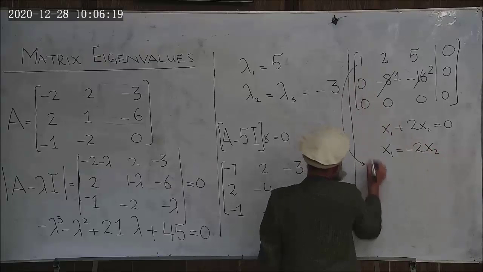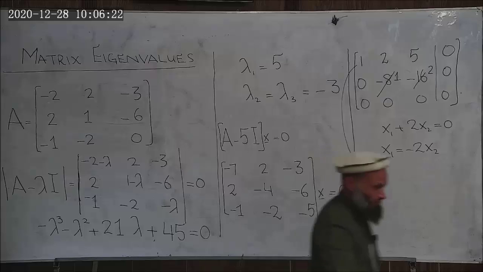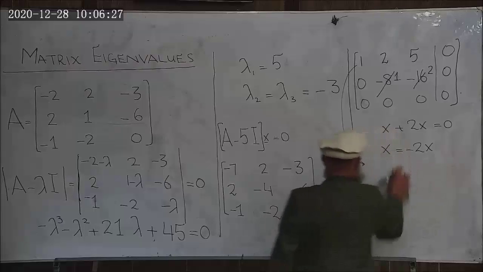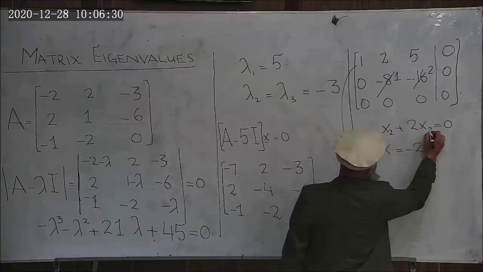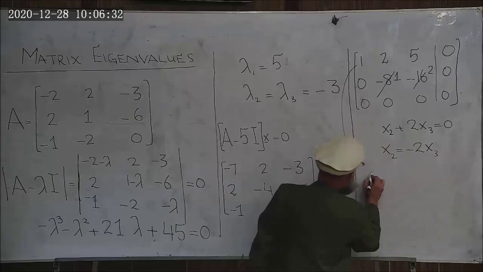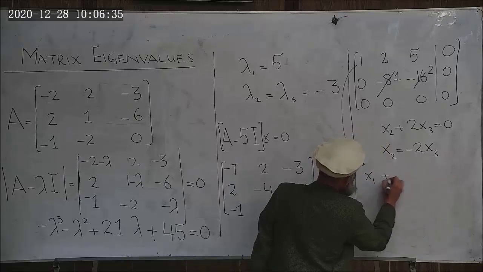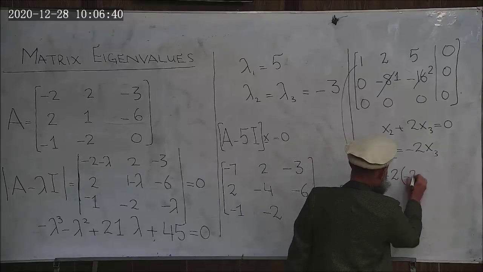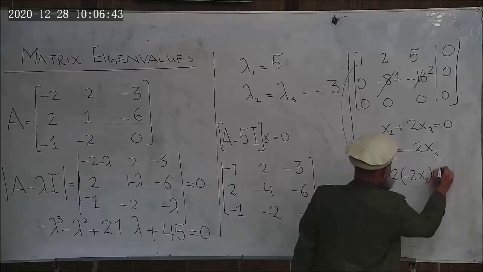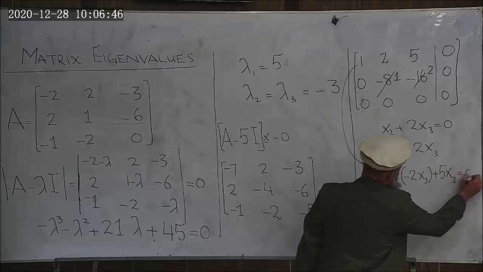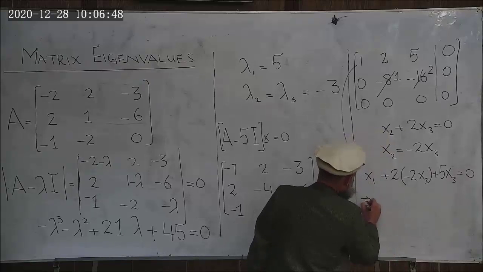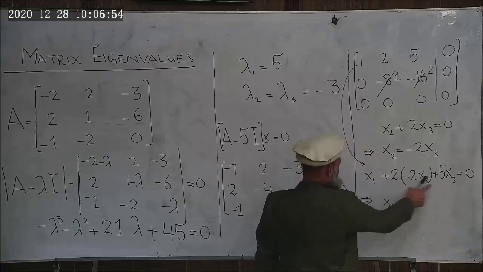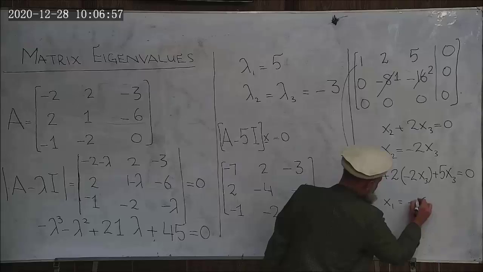From the first row, we have x1 plus 2x2 minus 2x3 plus 5x3 equal to 0, which implies that x1 is equal to minus x3.